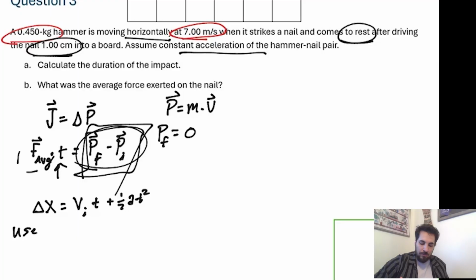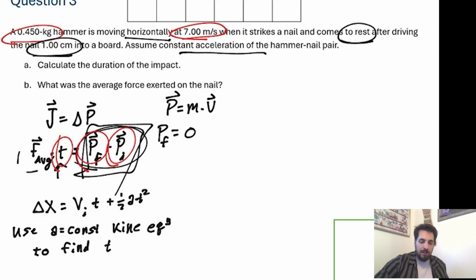So you use a constant acceleration kinematic equation to find time. And then once you have time, earlier we talked about how you can find your momenta. This leaves us with an equation where we just have to solve for our average force by taking our change in momentum and dividing by time.